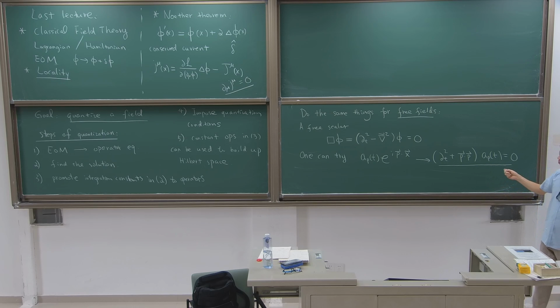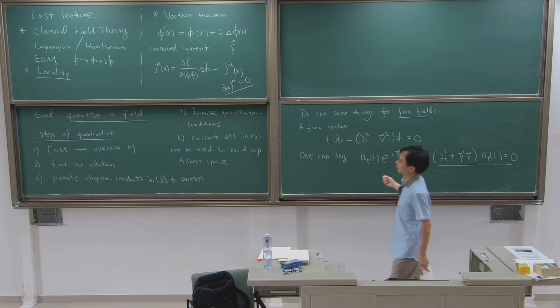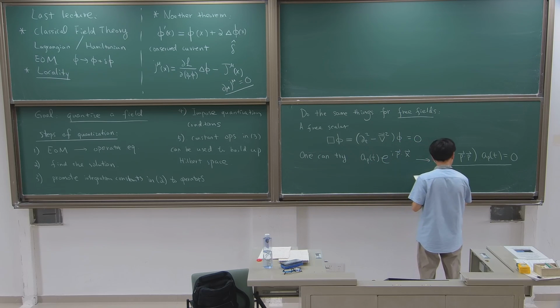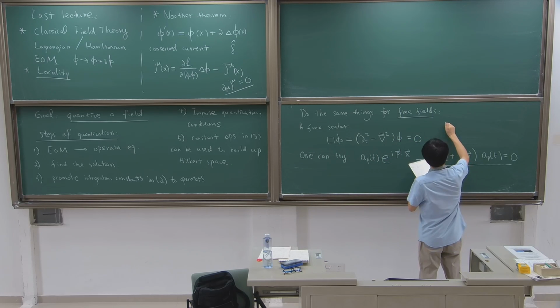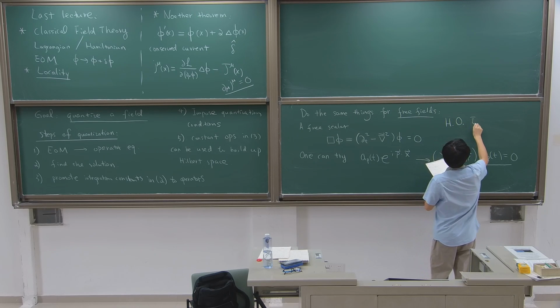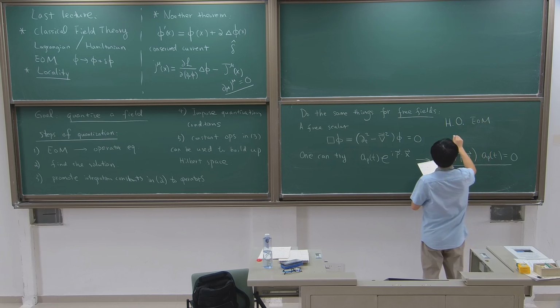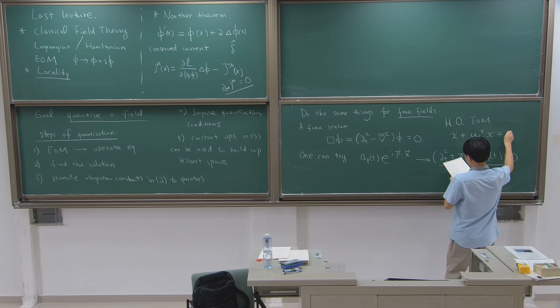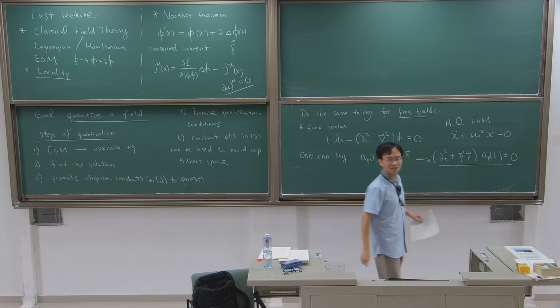One reason is quite clear: this equation is nothing but the equation of motion of the harmonic oscillator. The harmonic oscillator equation of motion is precisely x double dot plus ω² x equals 0.